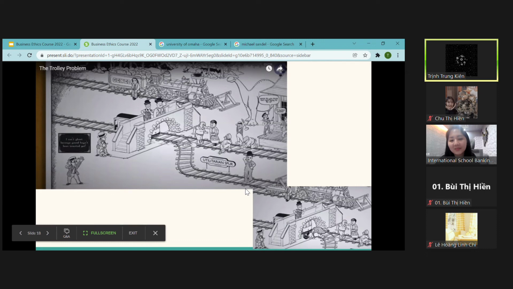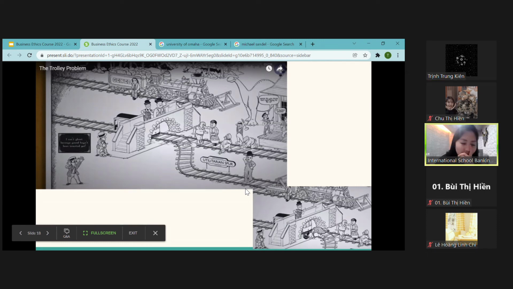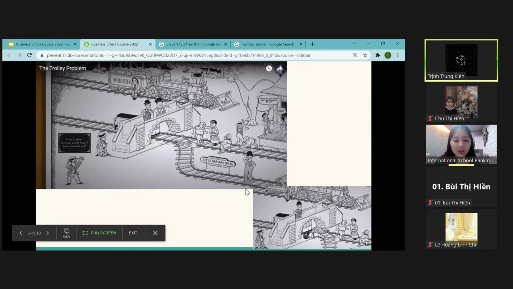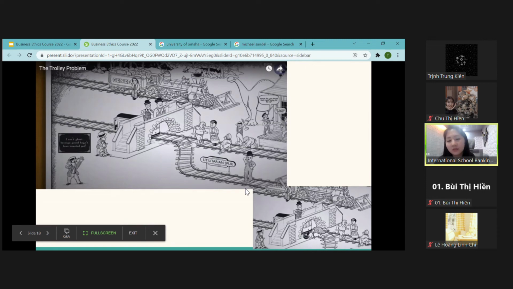Okay, very good. So what if this is not a fat man, but a person who has cancer and can only live for 1 month? I would not push him down, but he can volunteer and jump down.